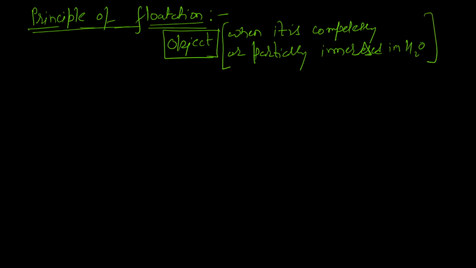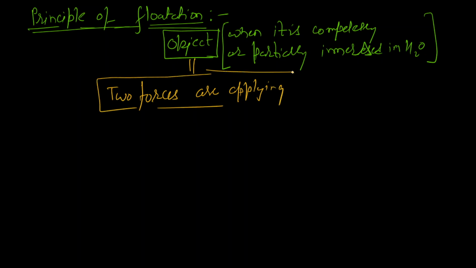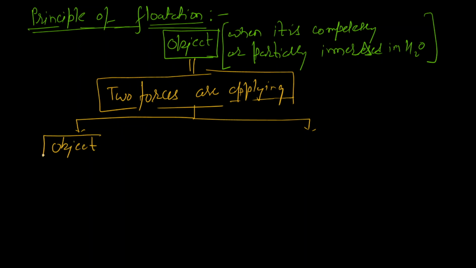Okay. Now, how many forces are actually working on this object at the time of flotation? Two forces are going to be applied. Okay, so you just note it down. After that we will understand what types of forces the object feels at the time of flotation. One is what? For example, this is your object, any object.